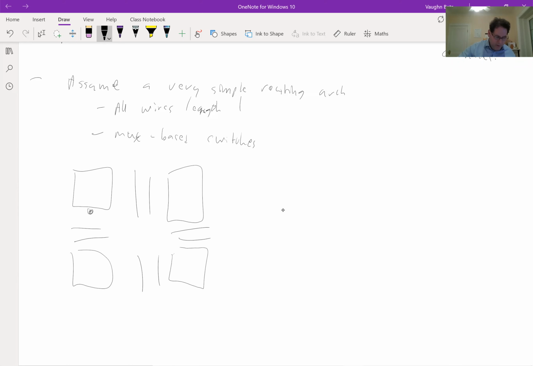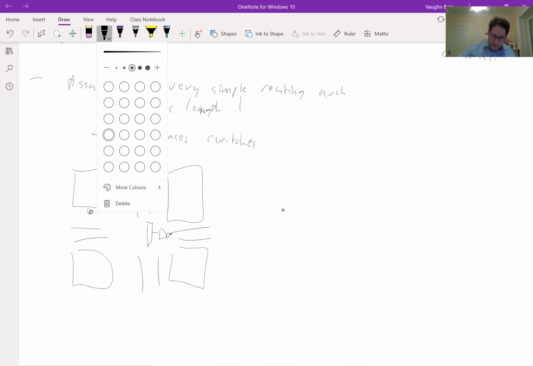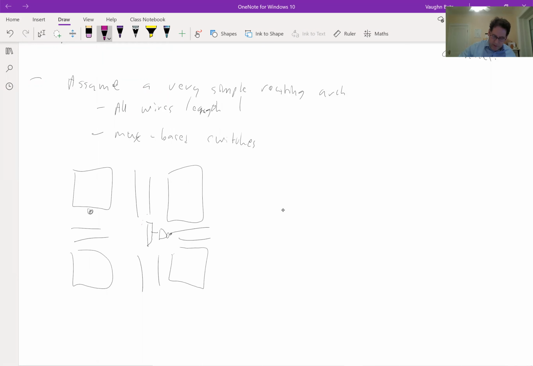And I'm going to basically, if I look at this routing wire here, I'm going to have a mux driving some kind of buffer or an inverter. And the switches that can go into it, it's important that I could have a signal that comes down from above.